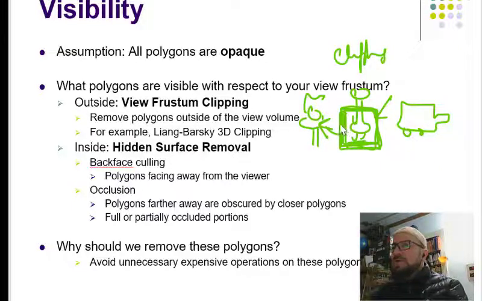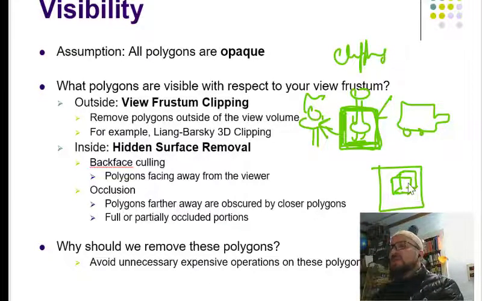But now, in hidden surface removal, we are basically talking about the inside of the object, or more particularly the polygons which can be seen in this frame. In these polygons we may have faces which are back faces, which are not visible, so we need to remove them.